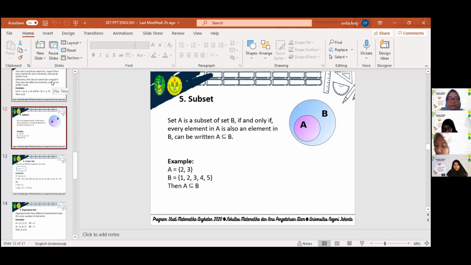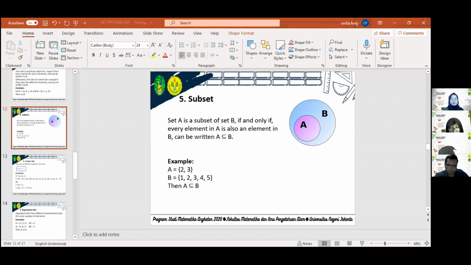It's the same as A. But if proper subset is, for example, like this, A has the same number as B, or we can say A is equal to B.